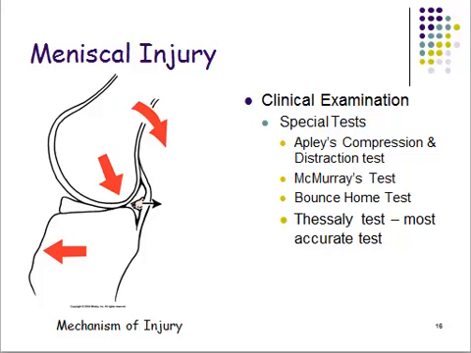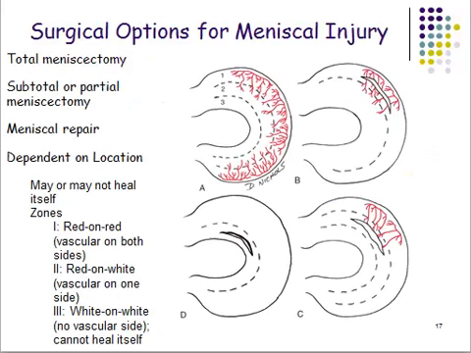Management of meniscal injuries is dependent on the severity and location of the tear, and it also is dependent on if other tissue damage occurs, such as a ligament tear. Now you'll recall from our discussion on cartilage healing that in the knee meniscus there's 3 zones: the red on red zone, the red on white zone, and the white on white zone, as depicted in this slide here.